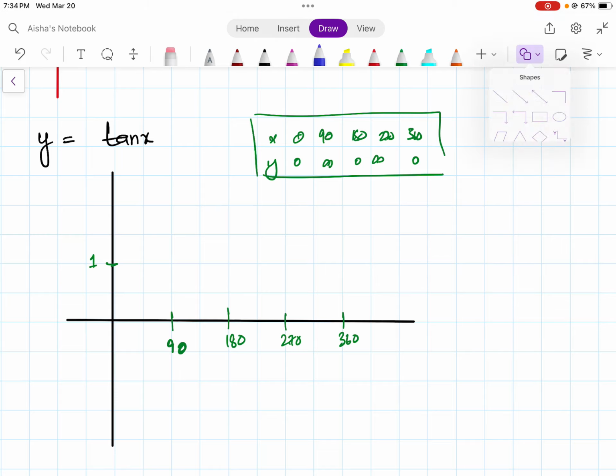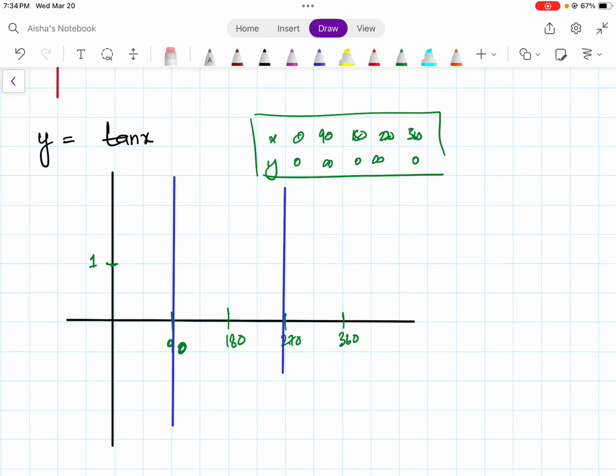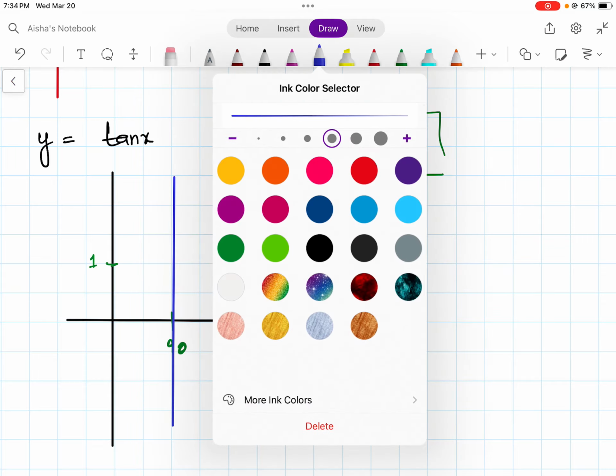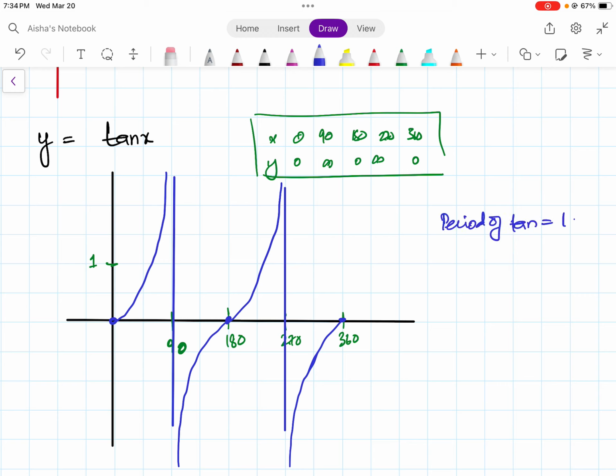Now infinity means that you've got asymptotes on this particular value. Tan 0 is 0. Tan is positive in the first quadrant, negative in the second quadrant, positive in the third quadrant, negative in the fourth quadrant. Period of tan is 180 degrees. There is no amplitude of tan or false axis.